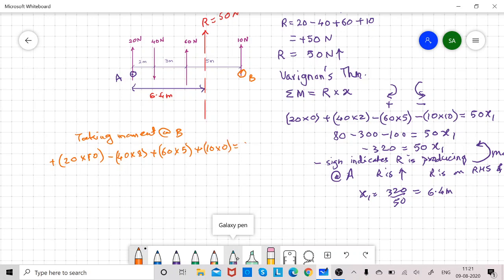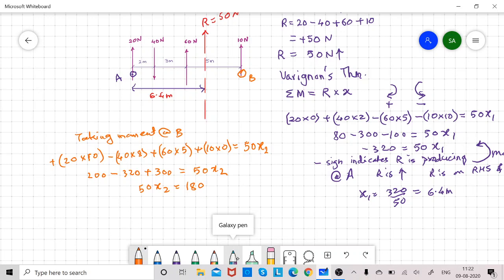This must be equal to, say, 50 into x2. So this is 200 minus 320 plus 300 is equal to 50 into x2. So 50 x2 is equal to 180.